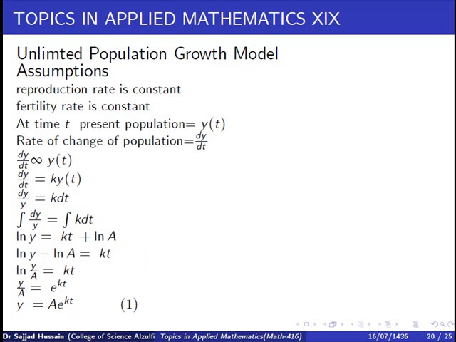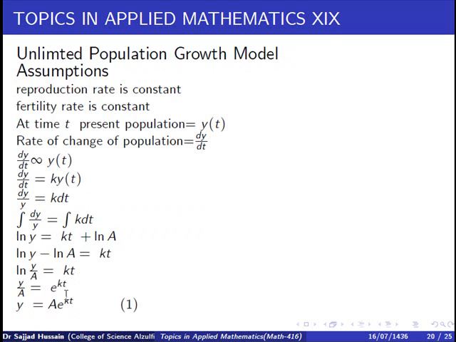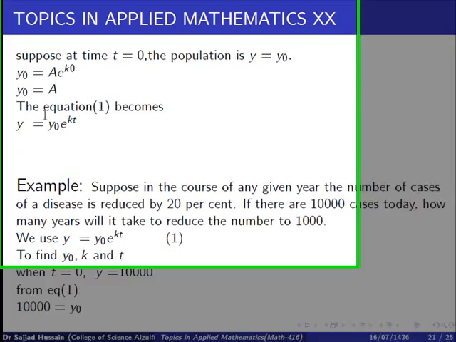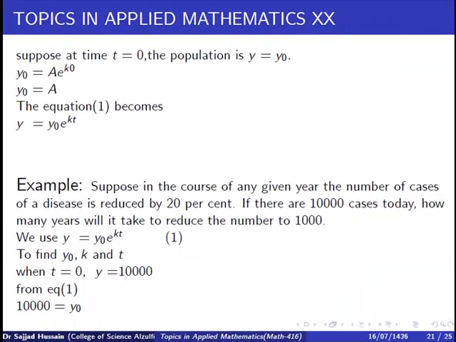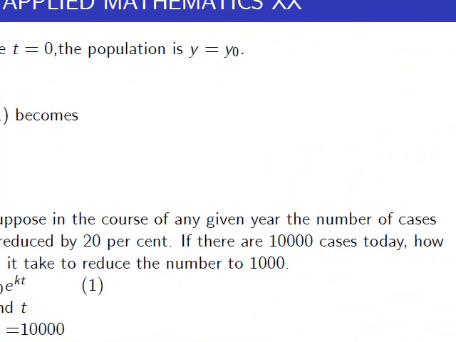E raised to power 0 is 1. So a is equal to y naught, and the equation becomes y is equal to y naught e raised to power kt. This is the equation for this model, and we will use it in different examples, but here we use one example.